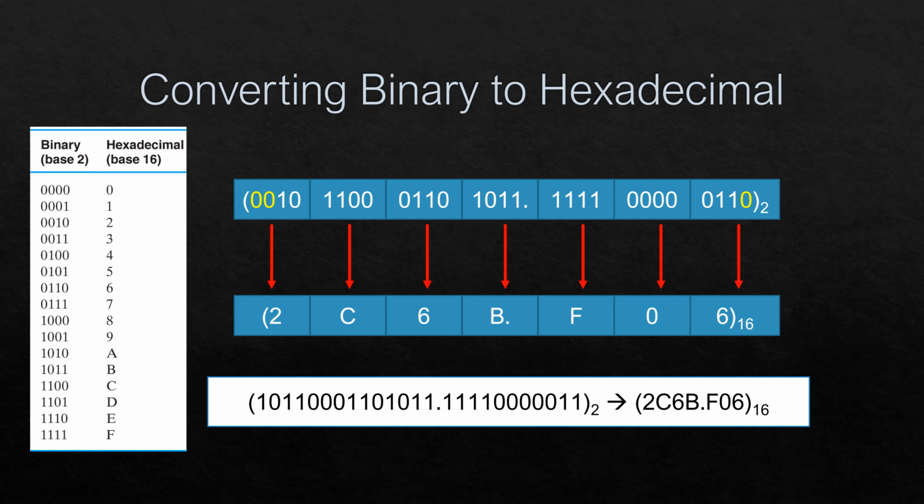So our converted binary number becomes 2C6B.F06 hexadecimal.